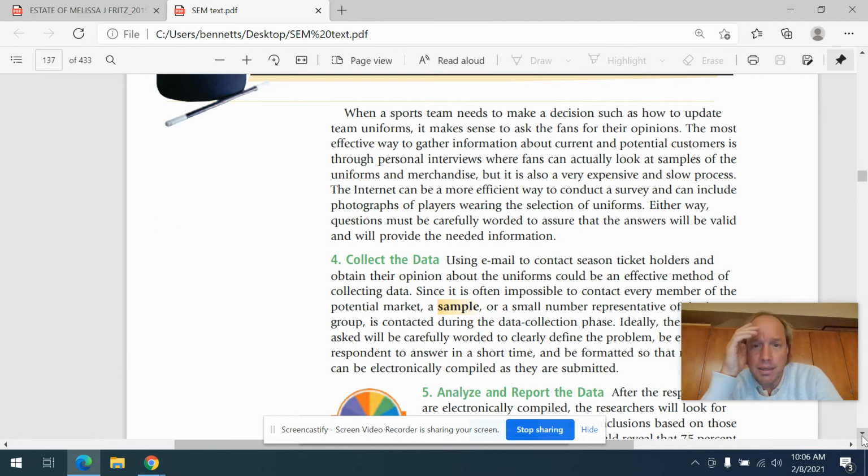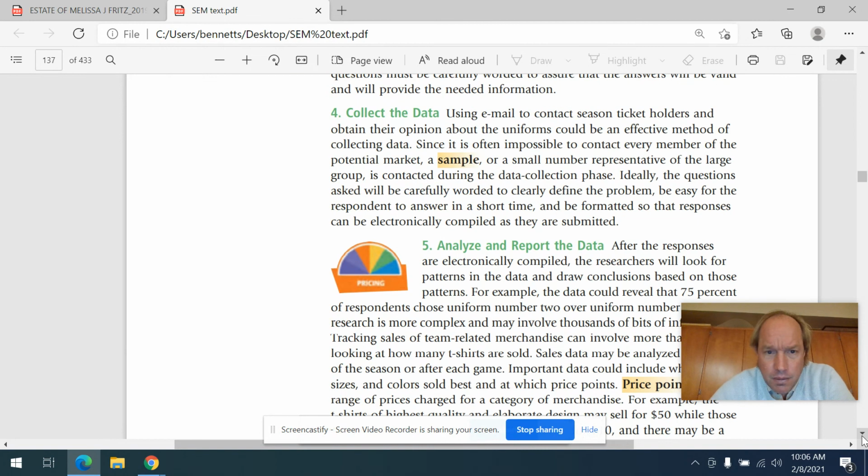The internet can be a more efficient way to conduct a survey and can include photographs of players wearing the selection of uniforms. Either way, questions must be carefully worded to assure that the answers will be valid and will provide the needed information.